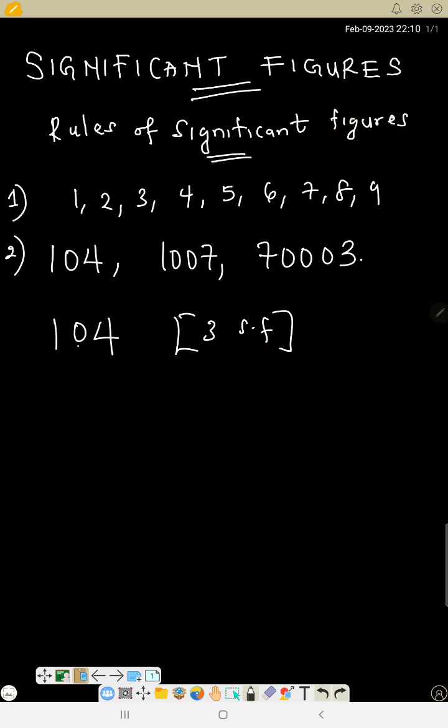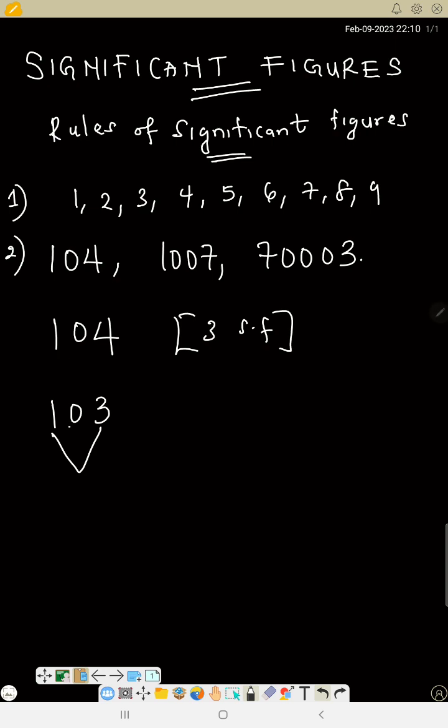Now compared to this, if I have 100, the only significant figure here is 1. So this is one significant figure. But if the zero is between numbers, that is what rule number 2 is saying: zeros between non-zero digits are significant.